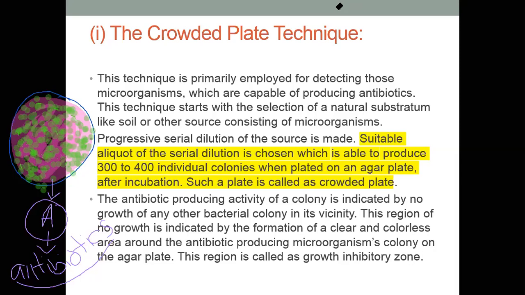So what do you see here? What you see is that this bacteria has a very clear zone around it. So you can see that this microorganism is not letting any other bacteria grow around it. Why? Because it is a kind of bacteria that is producing an antibiotic.